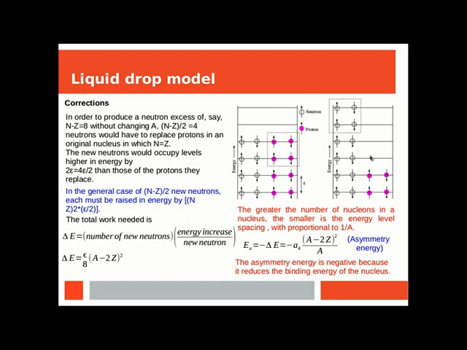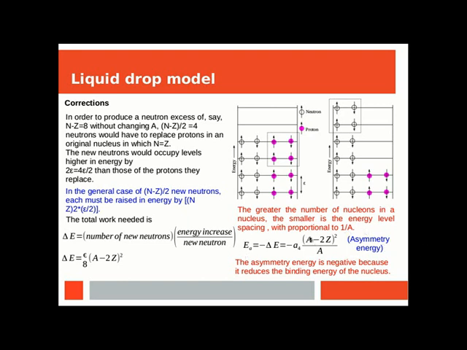Whenever we have this skewed, asymmetric arrangement, it will always acquire a greater number of energy levels, so the nucleus will always be of higher energy compared to the nucleus which has an equal number of neutrons and protons. So this will also give rise to a reduction in binding energy, and the work done in acquiring this arrangement from this arrangement is called the asymmetry energy.